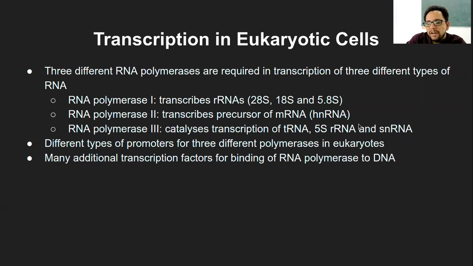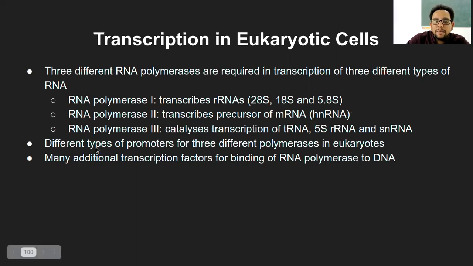RNA polymerase 3 also transcribes 5S rRNA, that is by sedimentation coefficient, and small nuclear RNA, that means the fragments of RNA which are smaller in size, are also transcribed by RNA polymerase 3. So these are the three different RNA polymerases present in the eukaryotic cell.